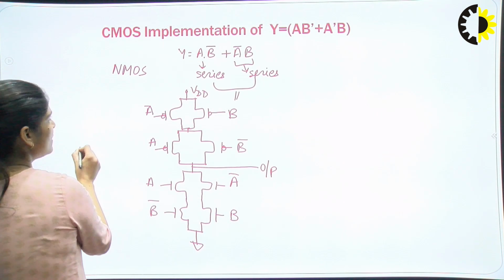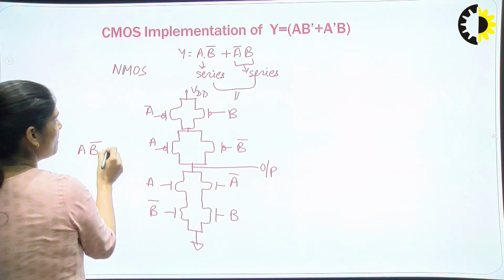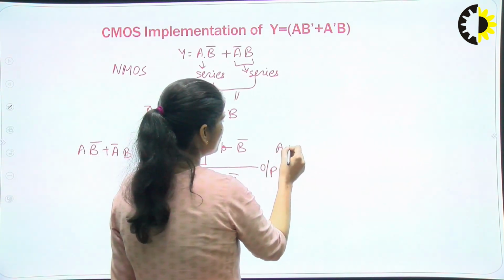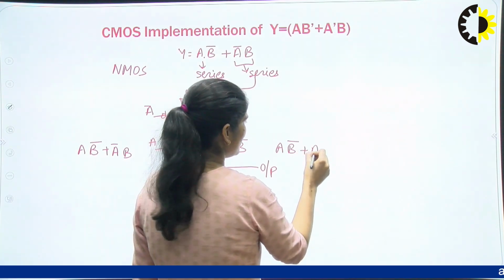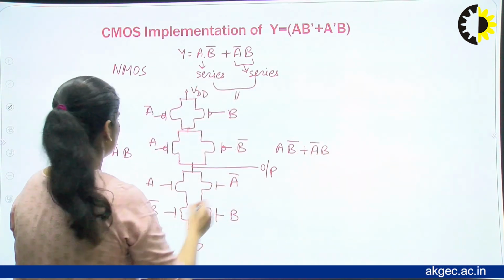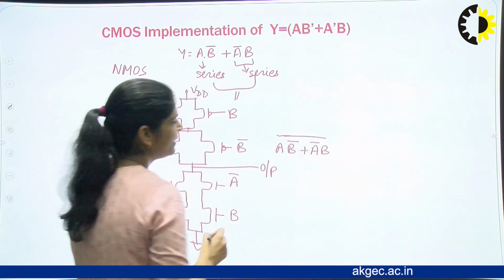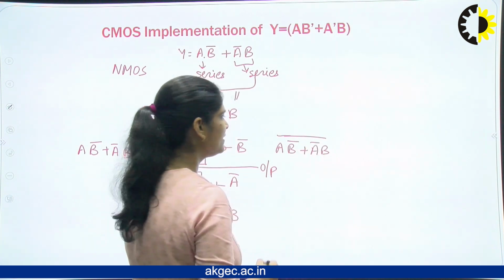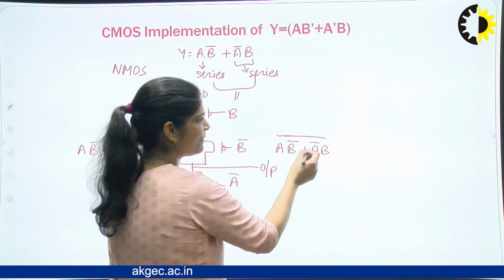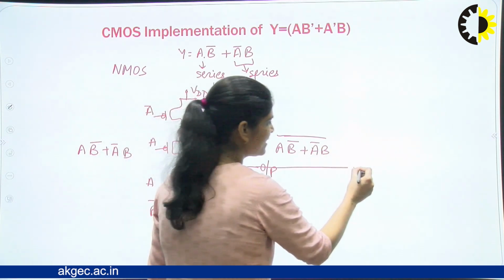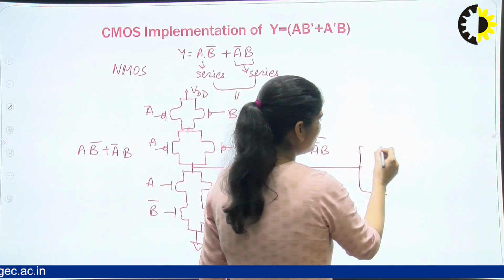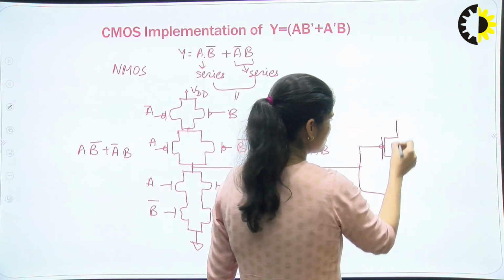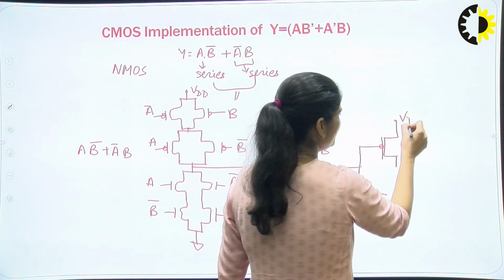Now here input is A B bar plus A bar B. So output is A B bar plus A bar B ka whole bar. Right? Input is this one and output is this, means whole bar. So can you convert it into the form of A dot B bar plus A bar dot B? So output is connected to a CMOS inverter, with a PMOS connected to VDD.